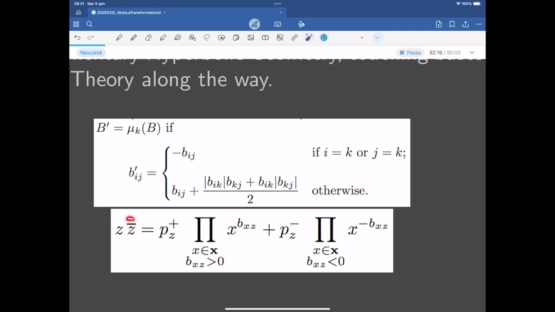A z bar is just a new variable different from z. But then you say, okay, but what does this mean? What does this formula mean, and why would this be interesting? And why has this been somehow trendy in the last 23 years in several areas of research? This looks so strange.